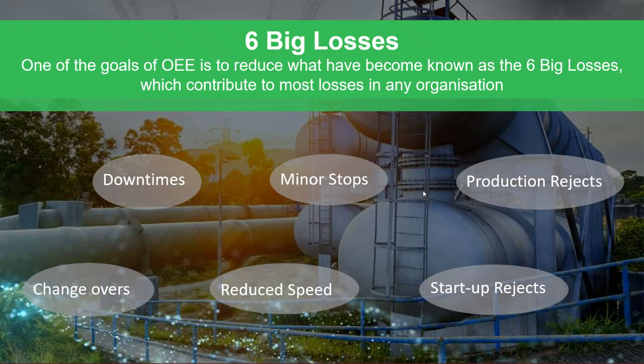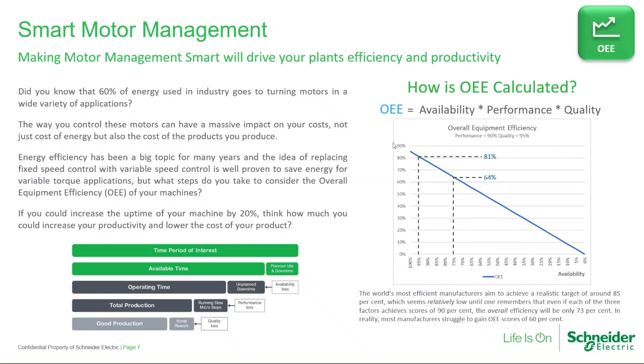Some of the big losses that you see here: downtime, minor stops, production rejects, in terms of changeovers. You can have different changeover aspects, delaying times, reduced speeds, and obviously rejects. And this all leads to the OEE, overall equipment efficiency, figures.